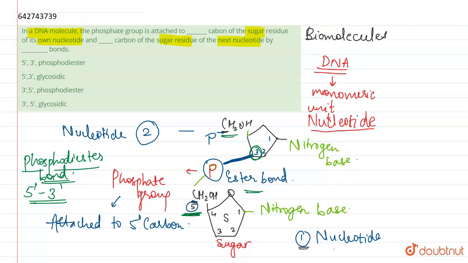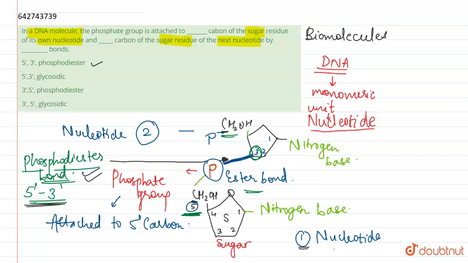And the dash carbon of the sugar residue of the next nucleotide by which bond. So they are specifically asking where the phosphodiester bond is going to form. With association with that, what is the carbon? That is third, as we have seen here, and the name of the bond is phosphodiester bond. So let's see option. The very first option itself is right.